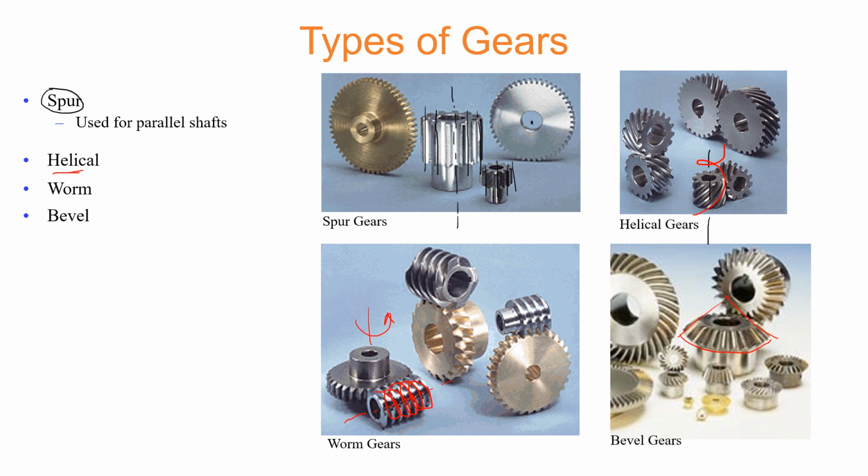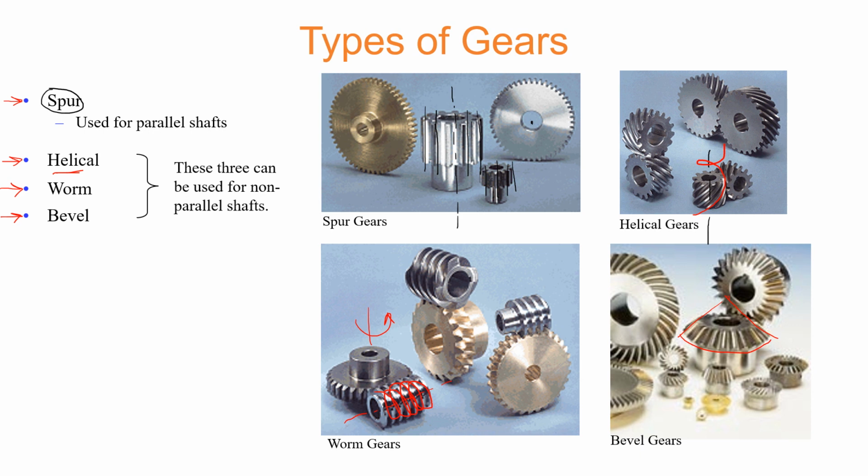But at this particular stage, the idea is just to give you the possibilities of having the axis of rotation to be in parallel to the teeth, as well as along different directions in case of helical, and in case of worm, a different kind of structural arrangement, and in case of bevel, a different kind of structural arrangement to allow the effective use of transmission from one side to the other possible in different ways.